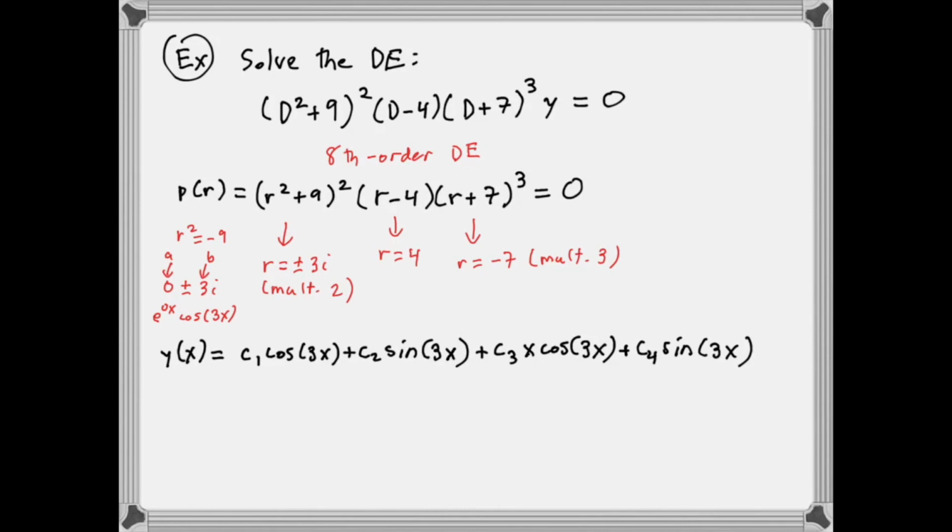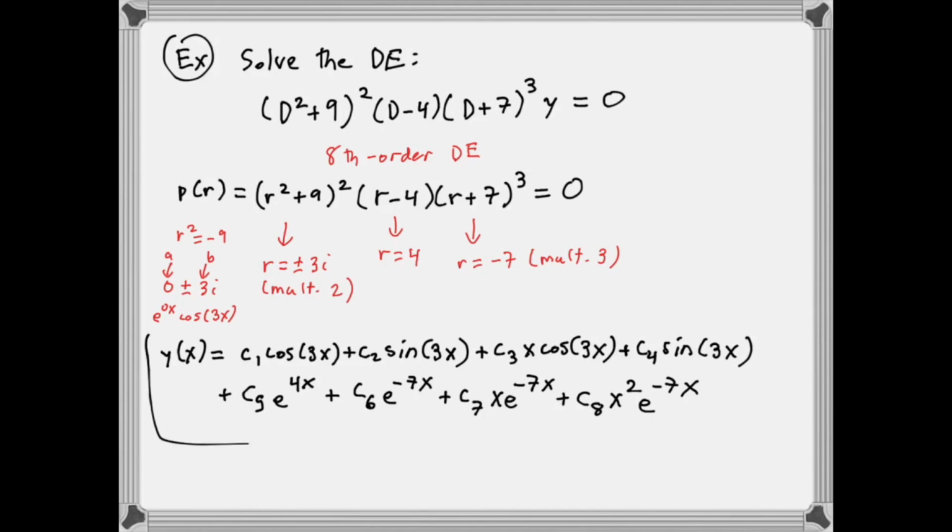Then I have r equals 4, so that's going to give me plus c5 e to the 4x. And then I have 3 more, all with root -7, so this is how I'm going to deal with that. c6 e to the -7x plus c7x e to the -7x plus c8 x squared e to the -7x.